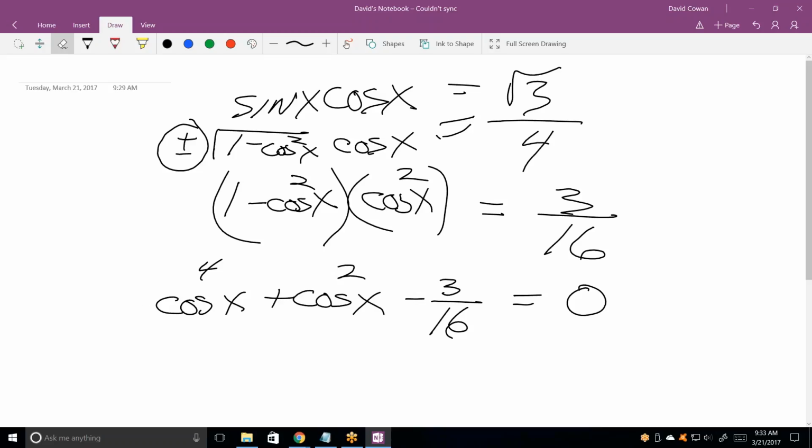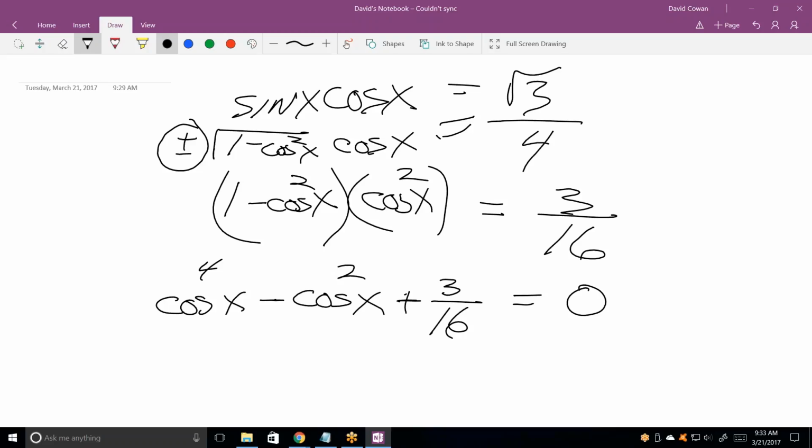So that becomes cosine 4th x minus cosine squared x plus 3/16 equals 0. And now notice that we are looking at a quadratic in disguise.